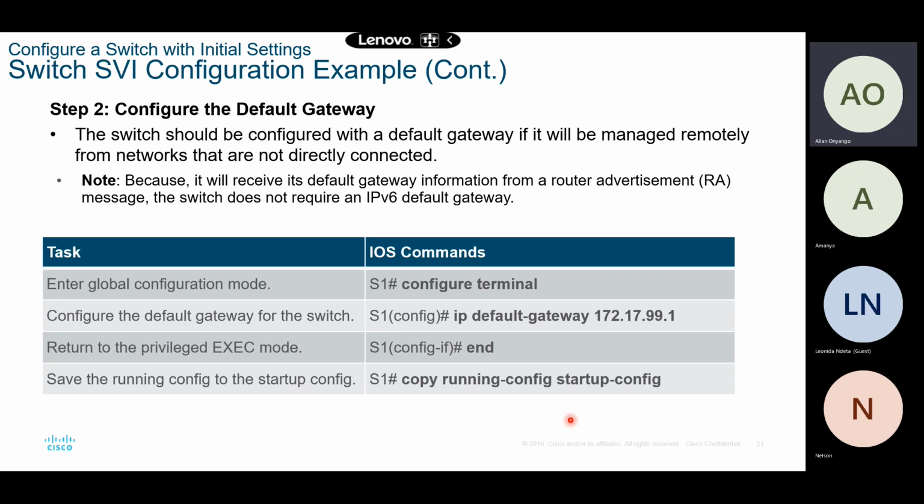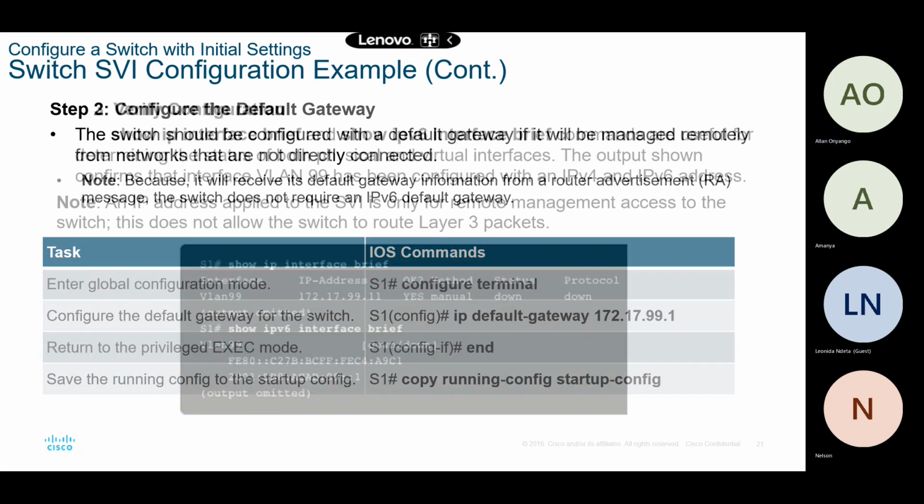So the default gateway is not configured with a subnet mask, and it is not configured on an interface. It is normally configured at the global configuration mode. Then you're going to need to save your work, copy the running configuration file into the startup configuration file. Right.